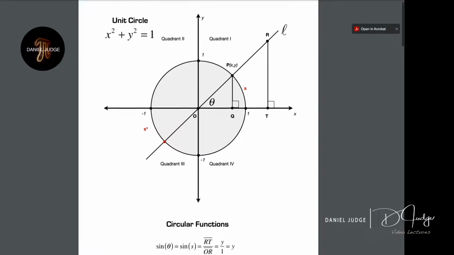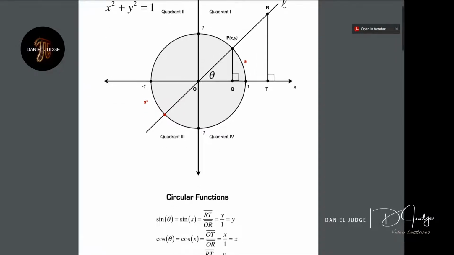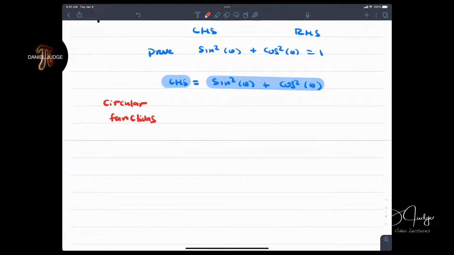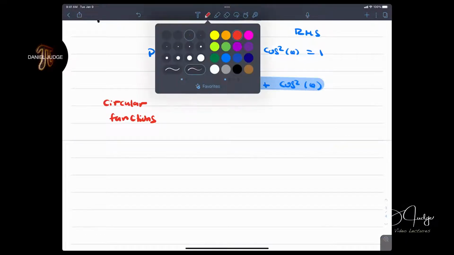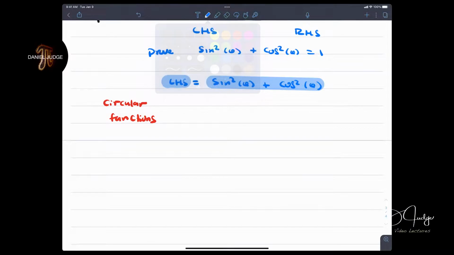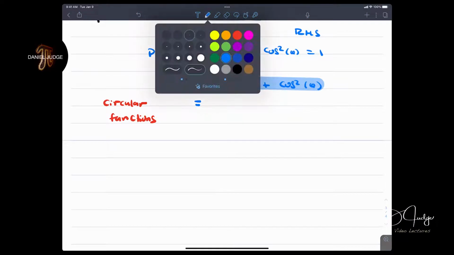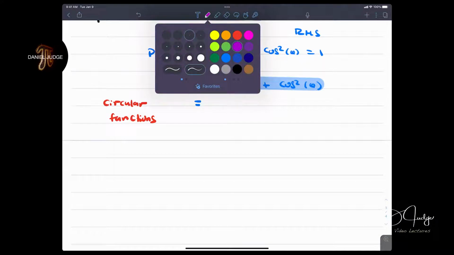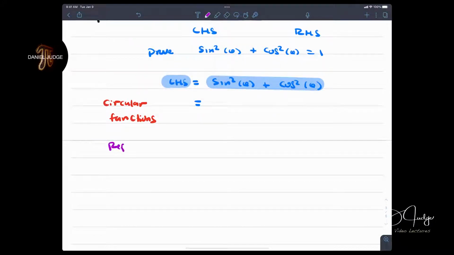This is from the worksheet unit circle. X squared plus y squared is 1, circular functions. So, okay. Here's what we have now. From the world of circular functions, what we can do is this. We can replace, substitute. So you might want to even start to consider the fact that we're going to have to do something also known as replace and substitute. You go, what do you mean replace?